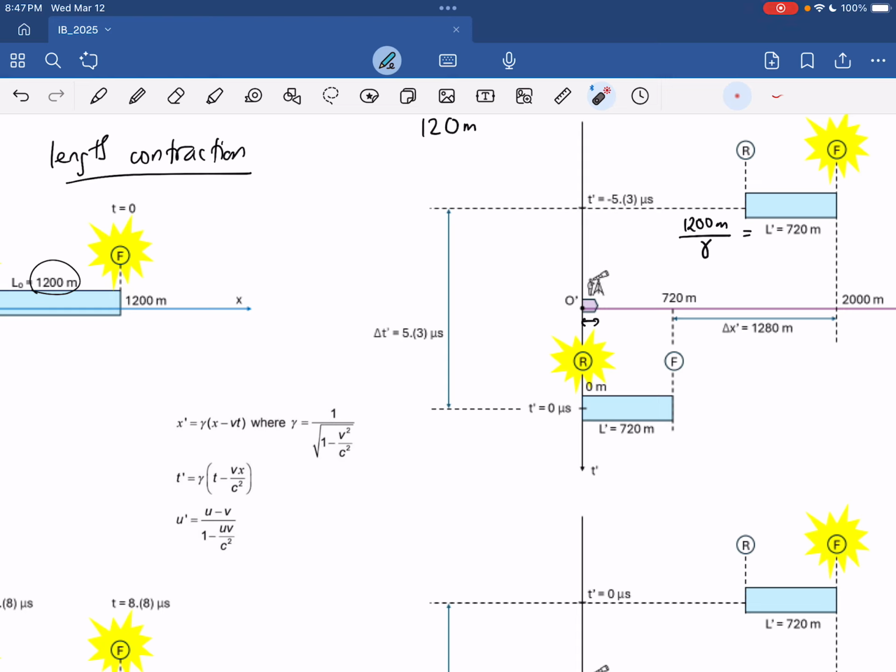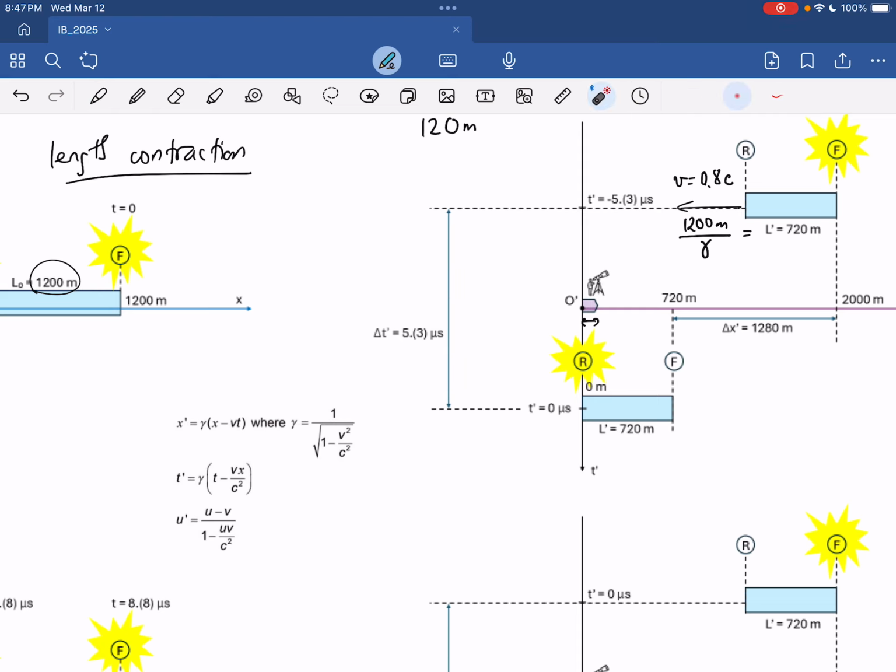And then the one on the spaceship will see that they stay still. They're not the one moving, but to them, the one that is moving is the space station, right? And the space station will move towards the left at the speed 0.8 of the speed of light, c.